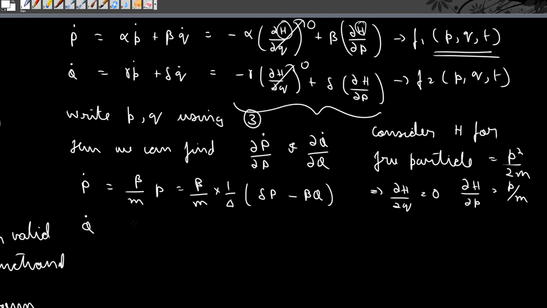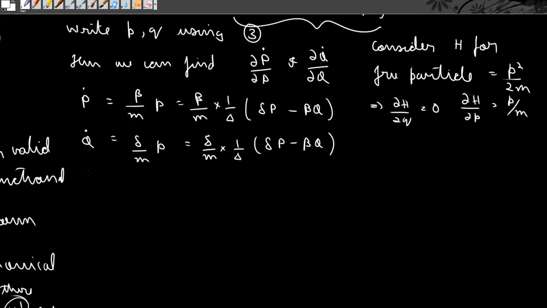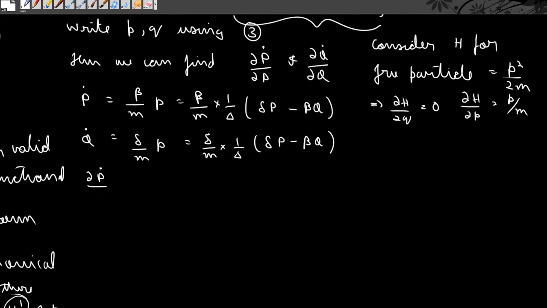Similarly, our Q dot is going to be del by M P, which is del by M into 1 by delta times del P minus beta Q. Okay, so from this we see that ∂P dot/∂P is just going to be beta gamma by M delta, and ∂Q dot/∂Q is going to be minus beta delta by M delta.